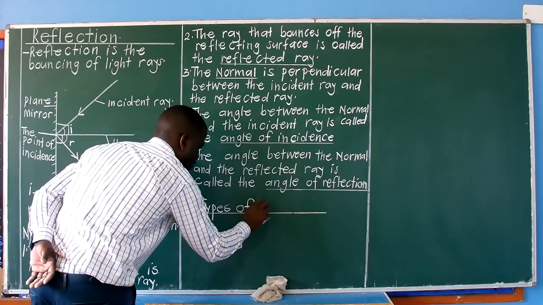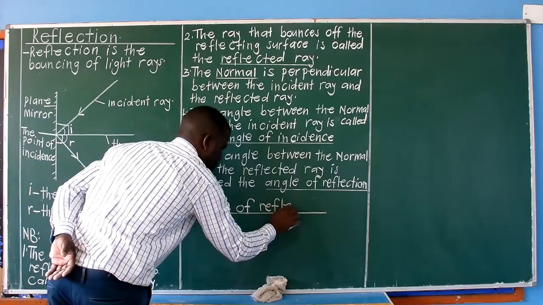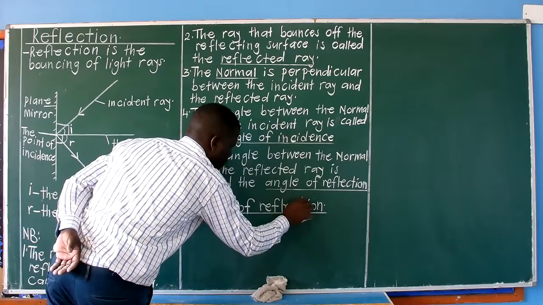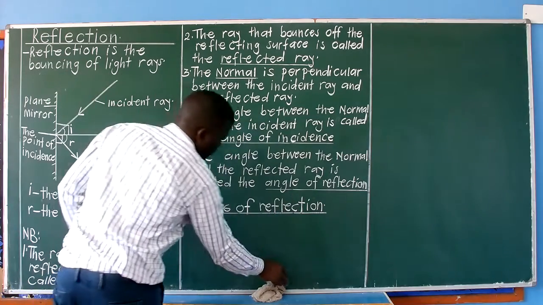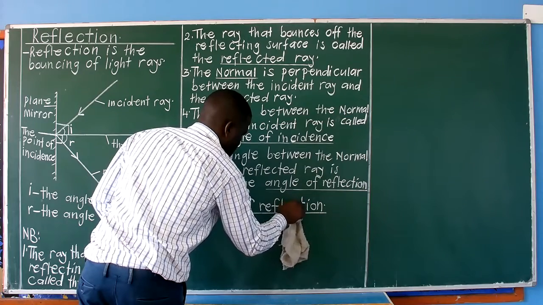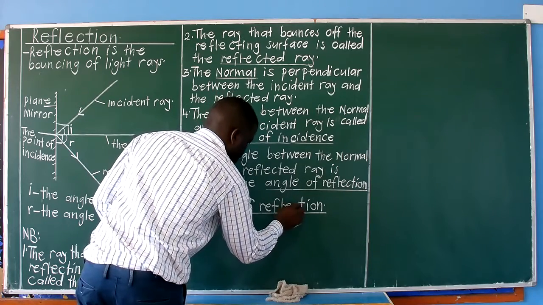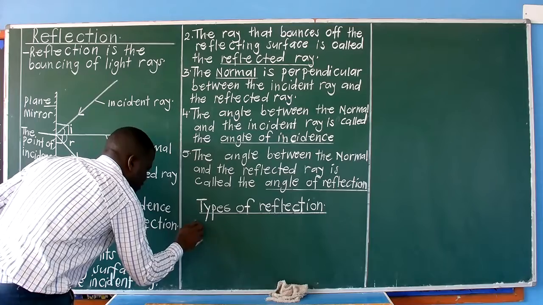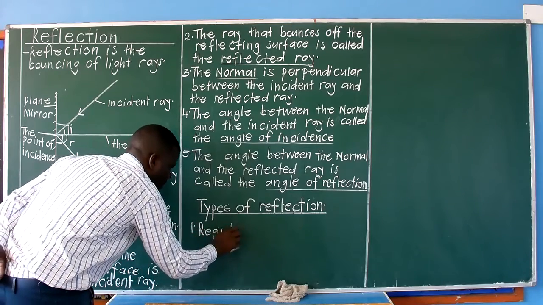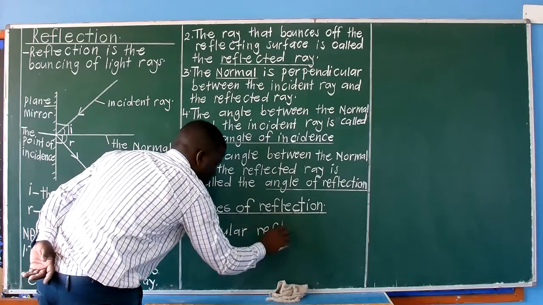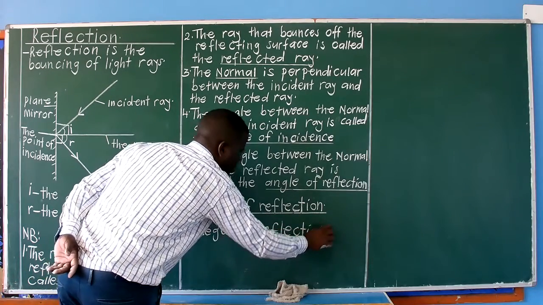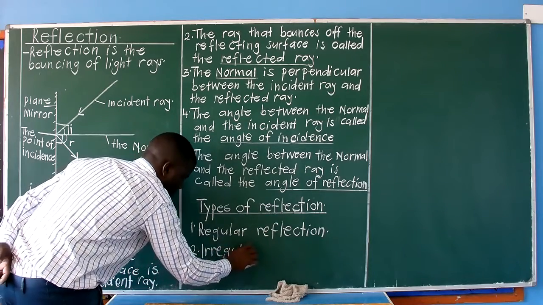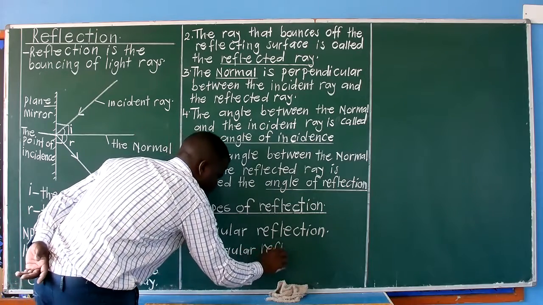Types of reflection. We have regular reflection, then we have irregular reflection.